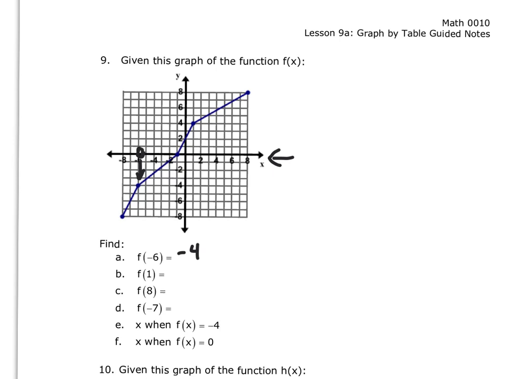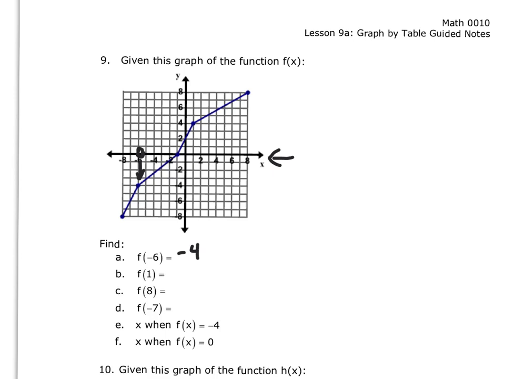If we want to do this again where the function value is 1, we do have to read the scale on the graph because there's not an x value that's marked as 1. That's just because it would get very crowded and difficult to read if I marked every tick mark with the actual value.